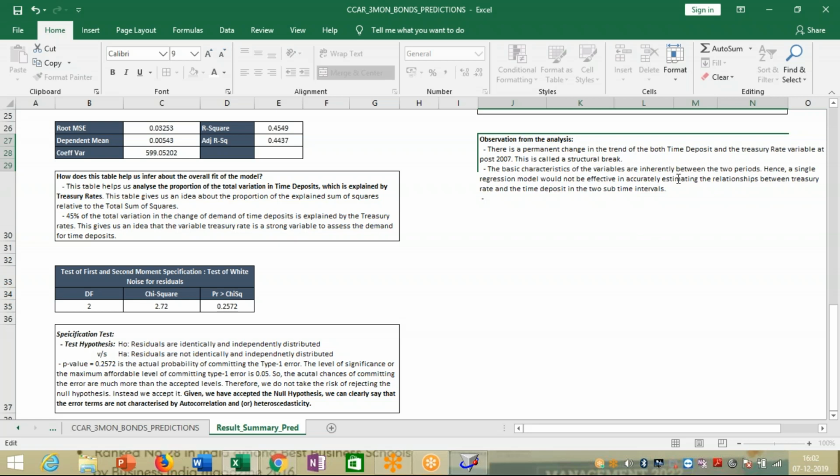hence we propose to develop two zero lags linear regression models for the two segments.